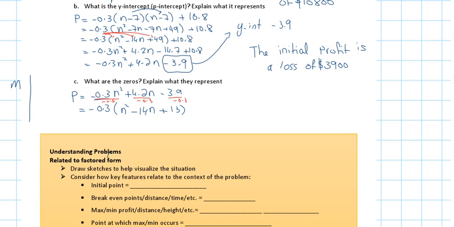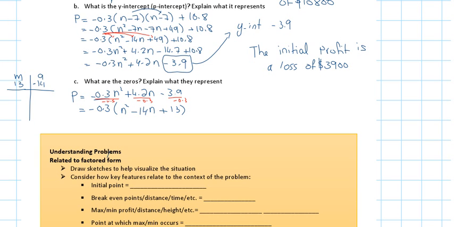Multiply to 13 and add to negative 14. So B is negative, C is positive.